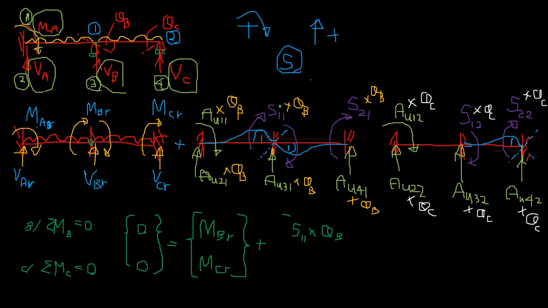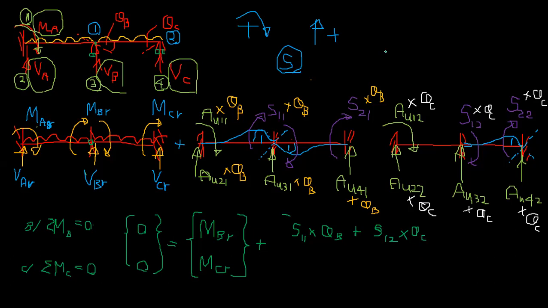If x is 1, F becomes K. So that means force is stiffness, right? And here it's theta B into S11, right? This total bending moment, right? Here it is S12 into theta C, right? So this is the displacement method, right?